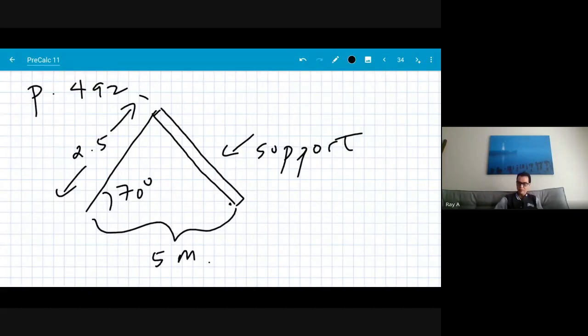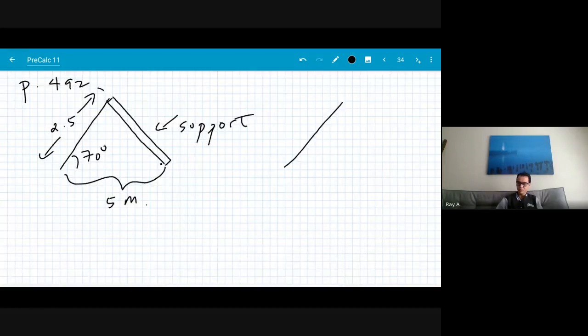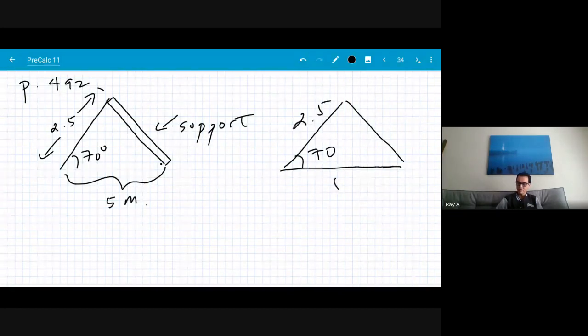So I'm going to create another picture for this, making it really, really simple. This 70, 2.5, this is fine. Therefore, we're looking for this side.